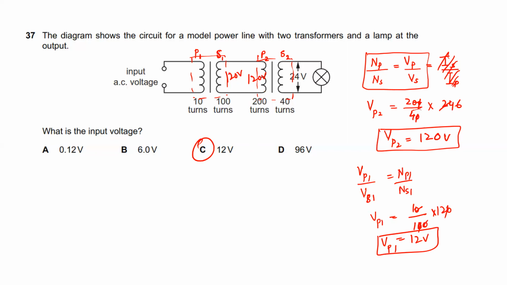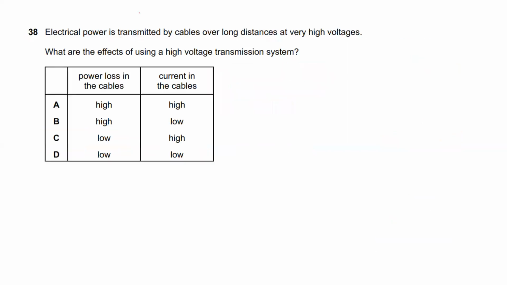Then next question, question number 38. It says electrical power is transmitted by cables over long distances at very high voltages. What are the effects of using a high voltage power transmission system? So remember, we are transmitting power from one point to another.